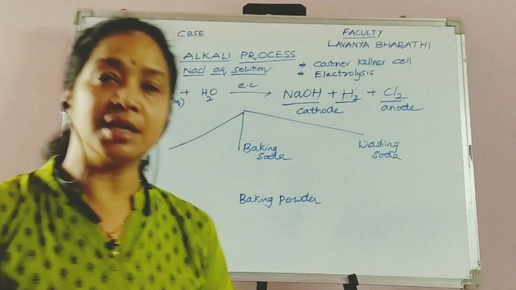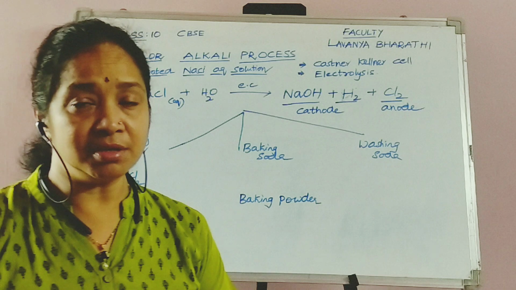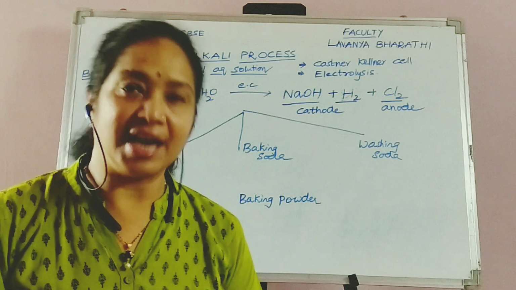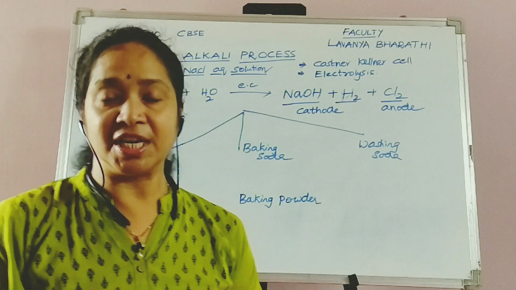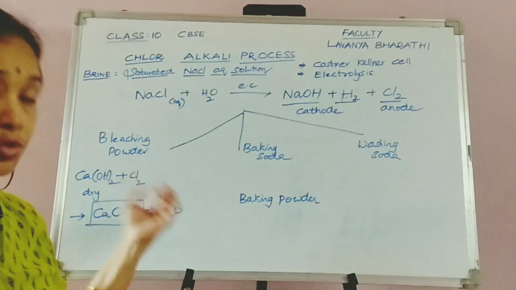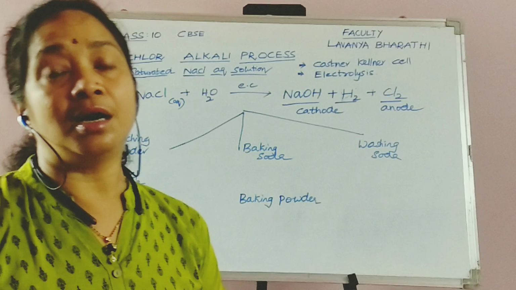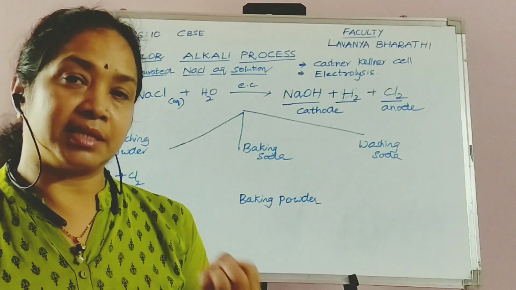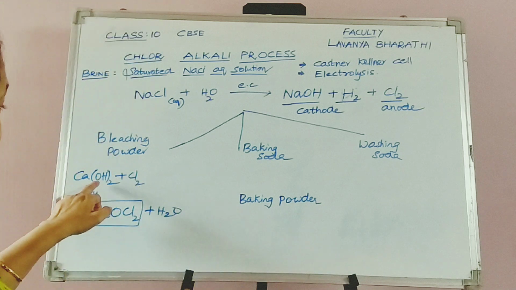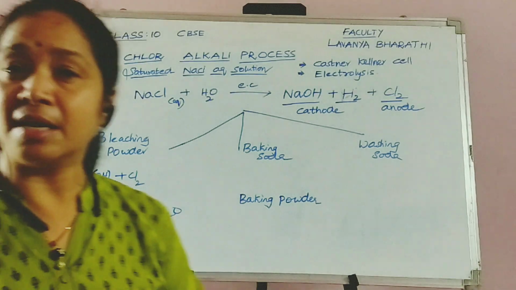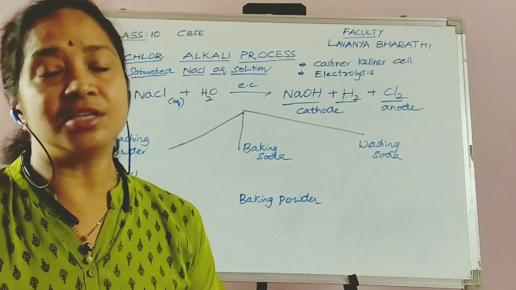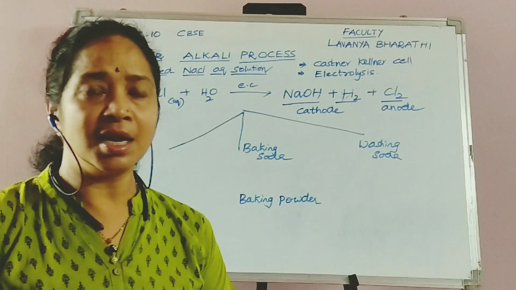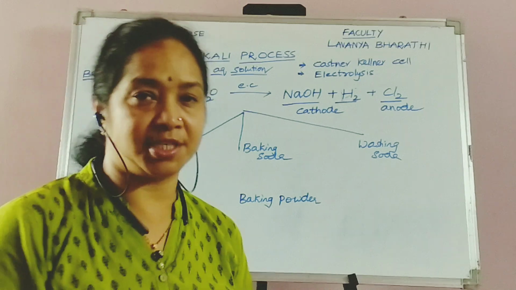This is one of the important compounds. Bleaching powder is used as a bleaching agent, as a sterilizing agent, and as an oxidizing agent also. It is used as a bleaching agent in the paper and pulp industry, as an oxidizing agent which releases nascent oxygen in many chemical industries, and as a sterilizing agent to clean swimming pools and in sterilization of water, right?